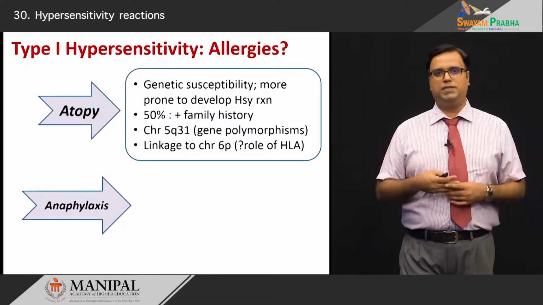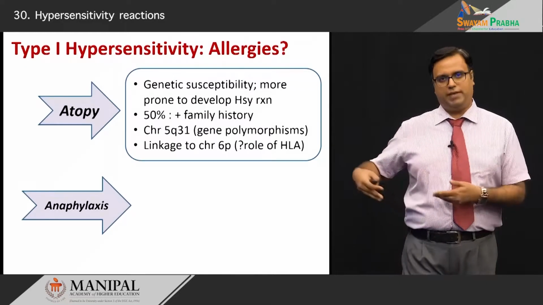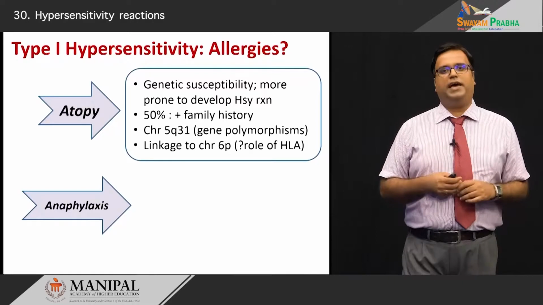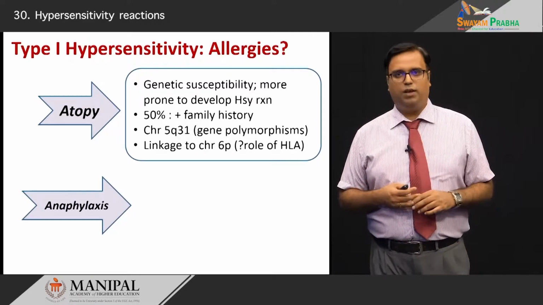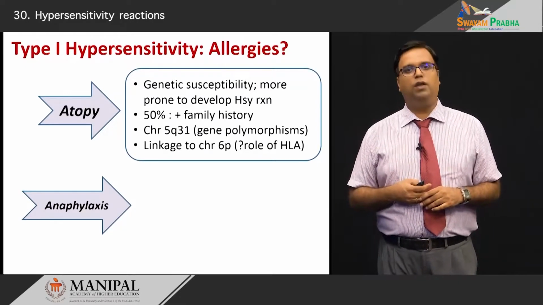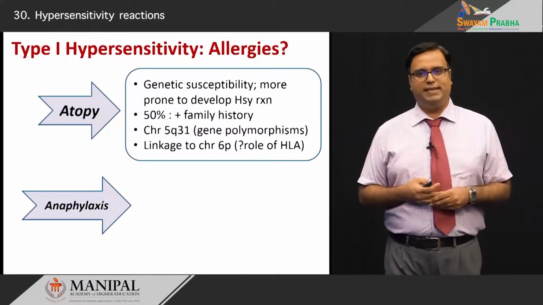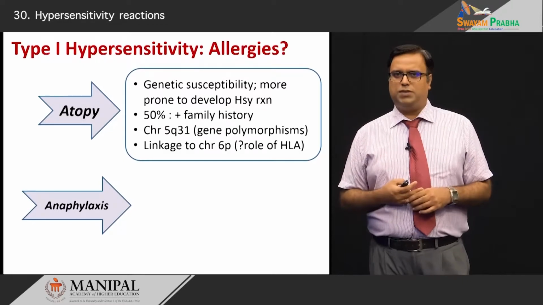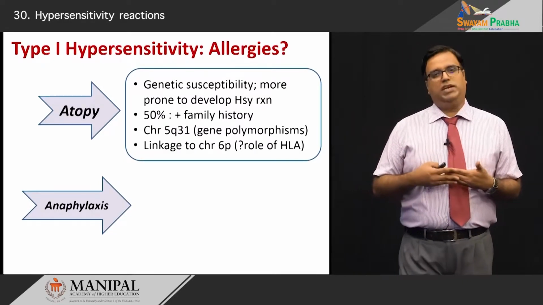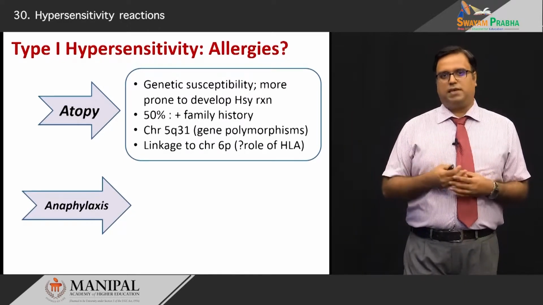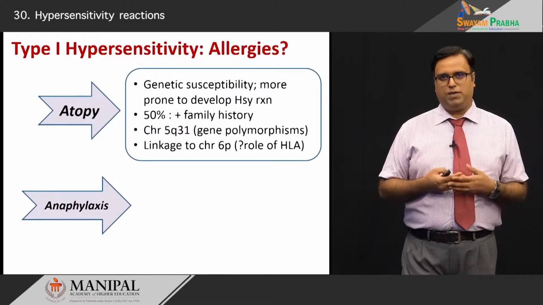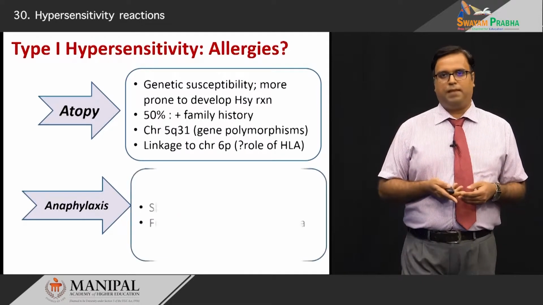Somebody in their family will have a similar manifestation which runs across generations. It has to do with polymorphisms in the gene located on chromosome 5, long arm, 3-1 region. And it has also been found that much of it is linked to chromosome 6p. So your HLA comes into play, and also, as we discussed earlier, susceptibility because of inheritance of certain genes.